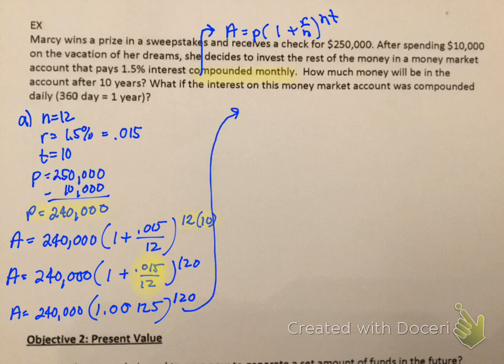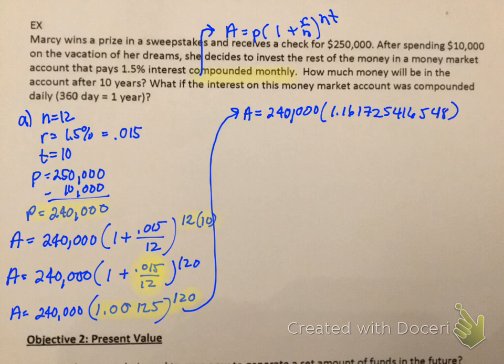Now, your next step is going to be to leave that number sitting in your calculator and raise it to the 120th power. And when you do that, you get 1.161725416548.